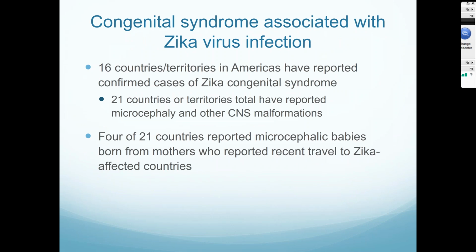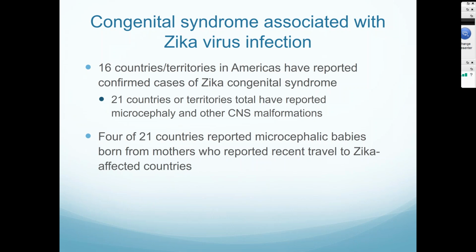Congenital syndromes associated with Zika virus infection occur. Everyone thought it was microcephaly, but indeed, if you think about rubella, congenital rubella syndrome, we too believe there is a congenital Zika syndrome, and probably a better way for us to think about it.